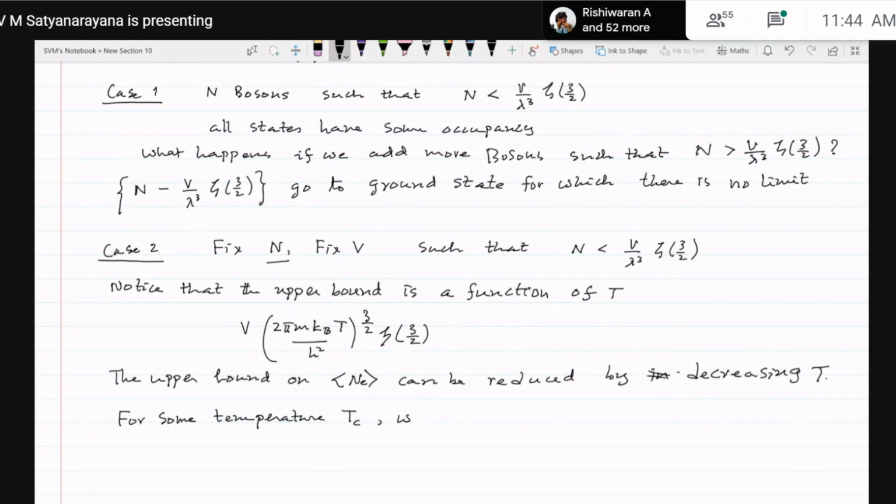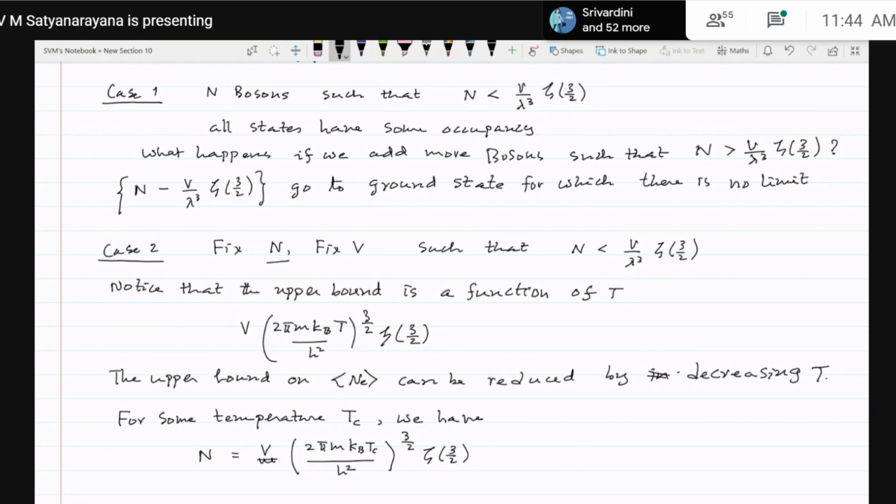We have n, the number of particles, equal to V times (2 pi m kB Tc divided by h square) to the power 3 by 2 into zeta of 3 by 2.